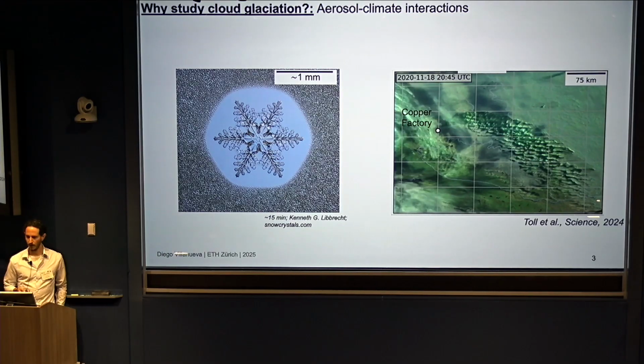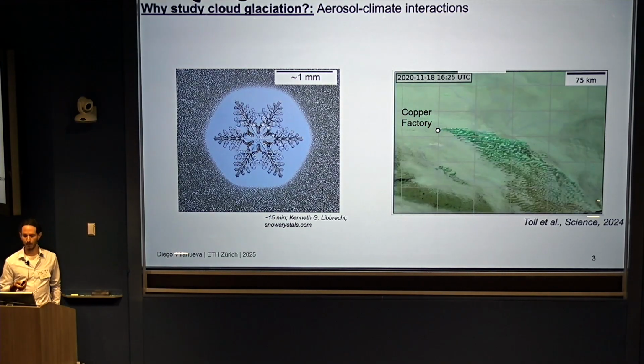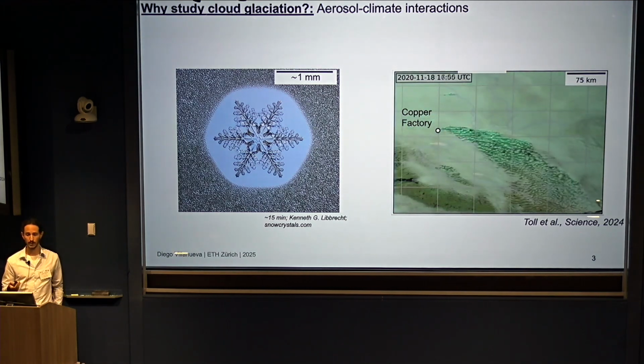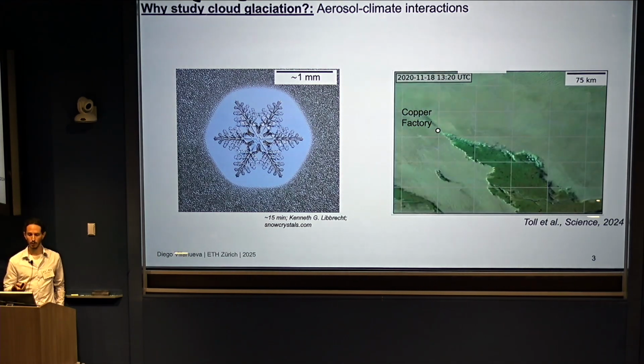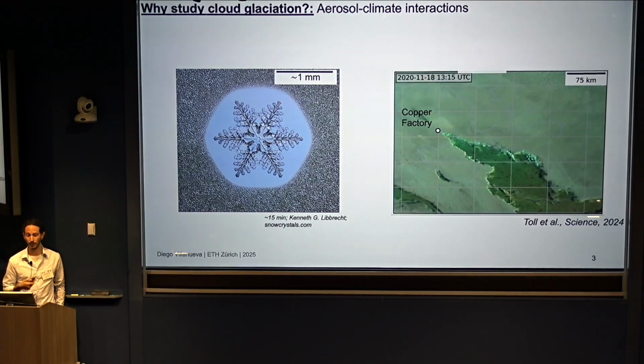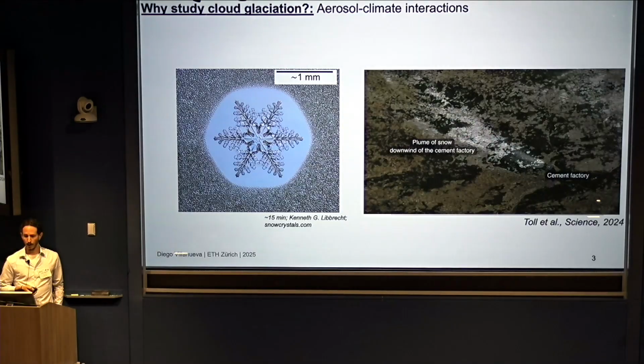It just shows this process, and the question is how we get climate models to reproduce this, to basically tell the model what's happening on the left side and expect the model to reproduce what's happening on the right side. Another hint that we have from observations is, for example, in this picture, some snow on the downwind side of one of these emission sources. So there's a lot of hints that we can get from satellites to constrain these processes.